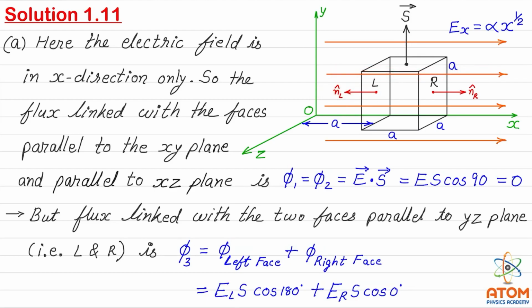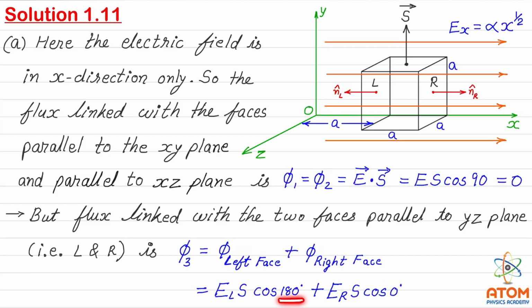So here the flux equation becomes E_L S cos 180. For the right face, the area vector and the electric field are both in the same direction. That's why the angle will become 0, and so you can write the equation of flux as E_R S cos 0.